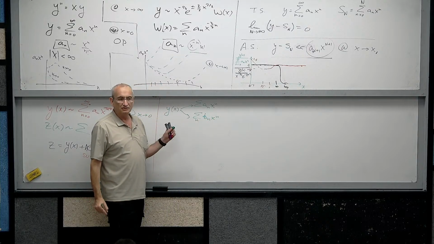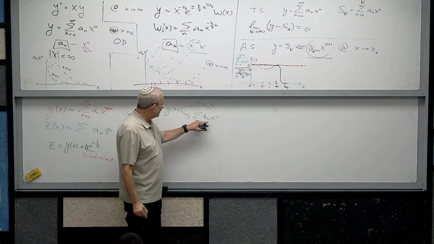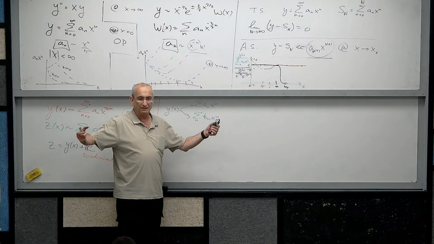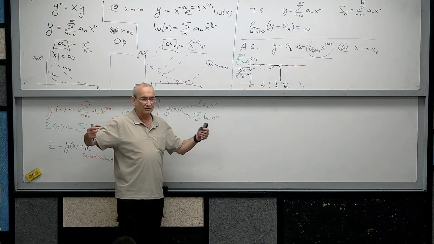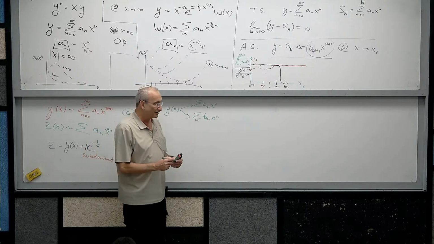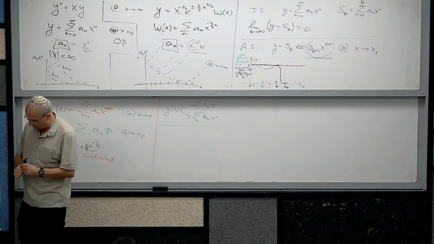There is no such thing. And therefore, this was the reason why we were able to ask the series to be equal to each other term by term, because there is a uniqueness in that sense.